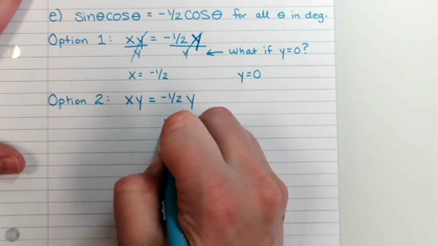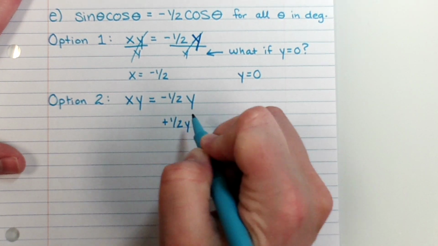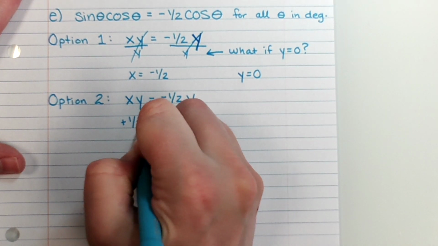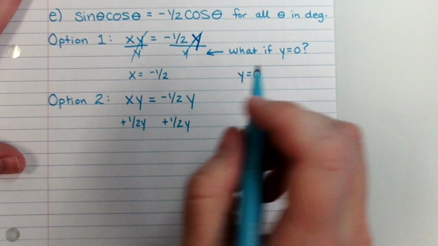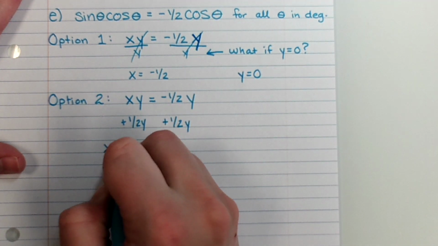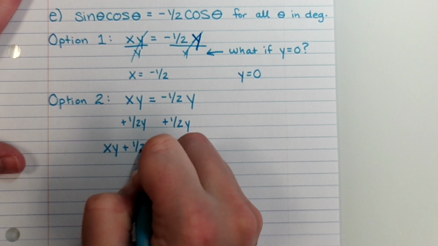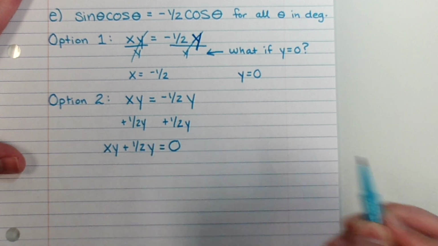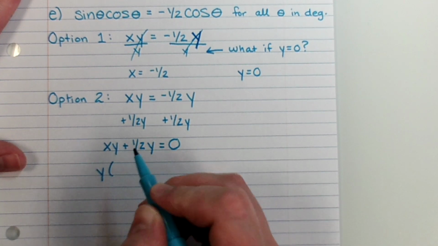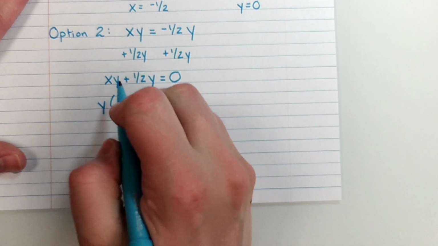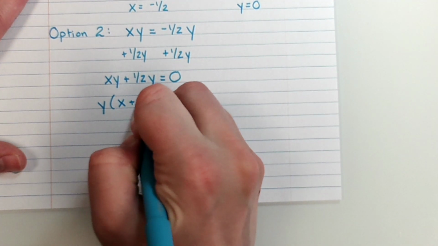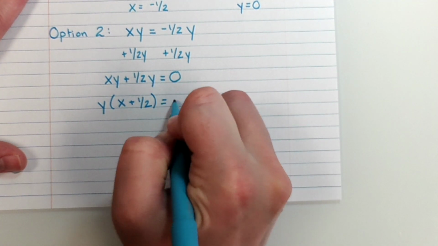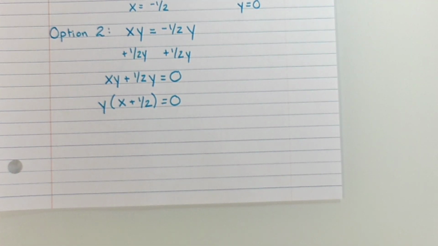Generally speaking, get it equal to 0 because you can factor. xy plus 1/2 y is equal to 0, and you can factor out a y. In other words, I got it equal to 0 and I factored out the cosine.